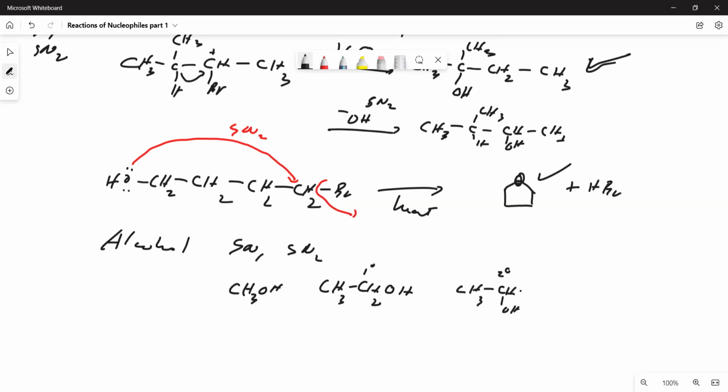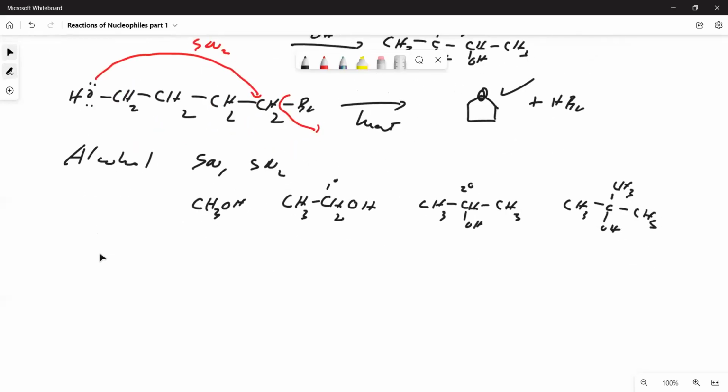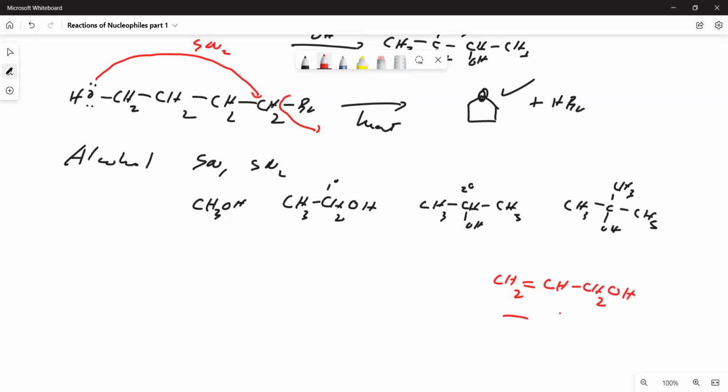This is secondary. The carbon is attached to 2 carbons, or you have tertiary alcohol there, okay? And then you have the 2 special ones, allyl and benzyl. So you have allyl and benzyl also. Allyl alcohol, which is primary.